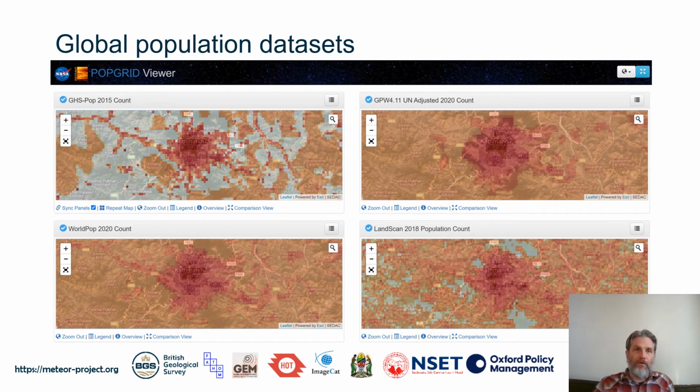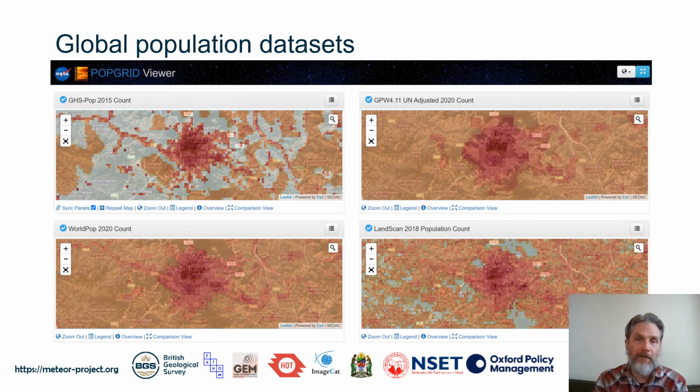All right, so global population data sets. Here's an example from PopGrid, which I mentioned out of CSUN, NASA Center in New York, associated with Columbia University. They did some great work here.